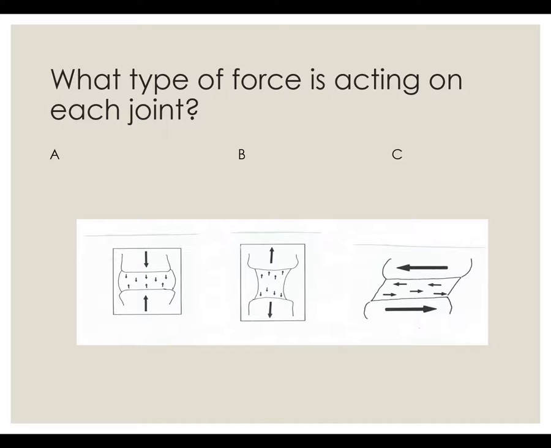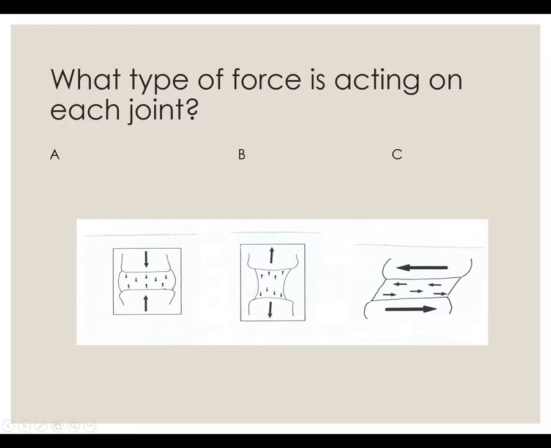Other types of force that we're going to talk about go along with these. Right here, you've got a force happening, the pushing along the same line, and again the same thing. And then here you've got opposite directions.